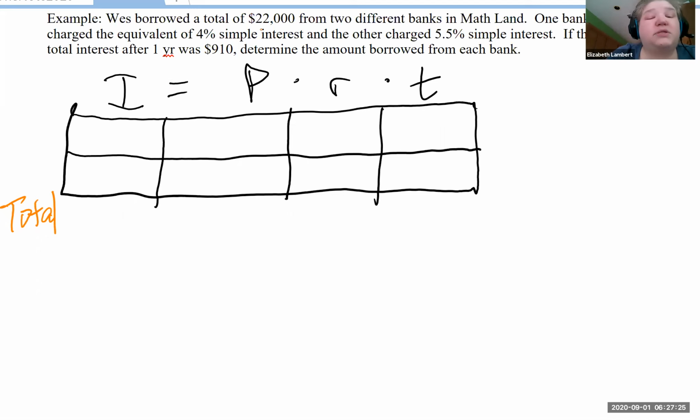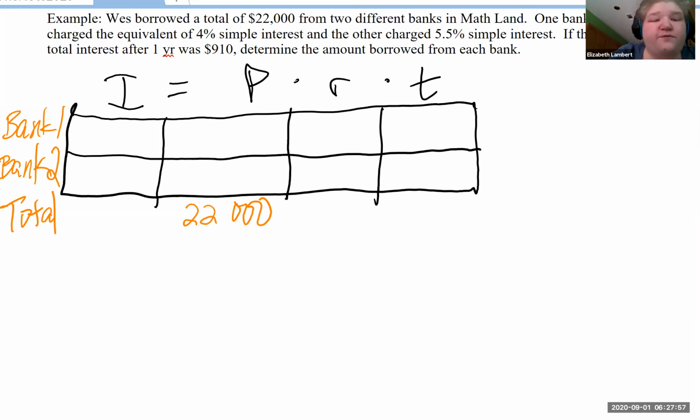So our totals, Wes borrowed a total of 22,000. So these 2 rows here are bank 1 and bank 2. So he didn't borrow 22,000 from bank 1 or bank 2. It's the amount those 2 together total to 22,000.